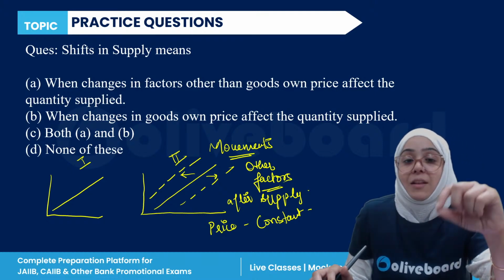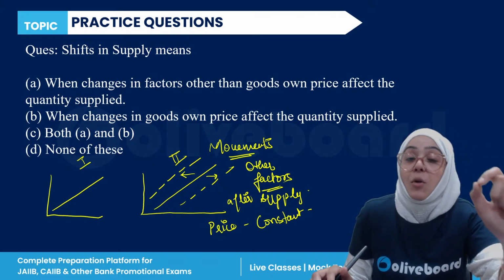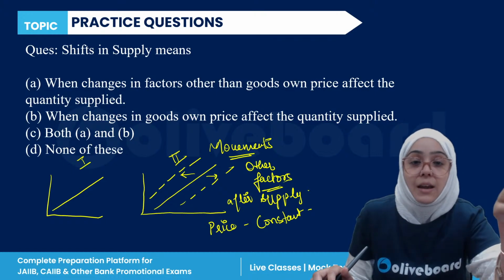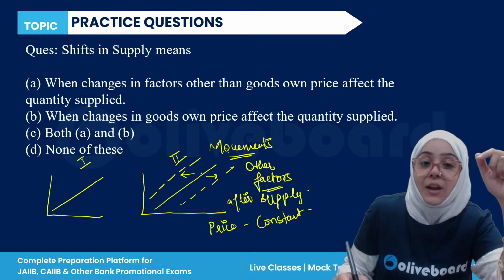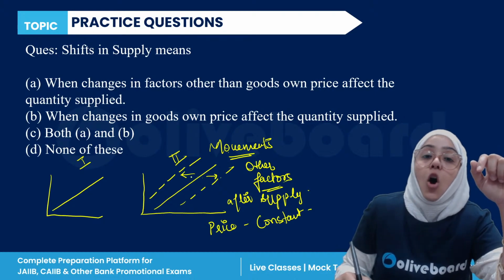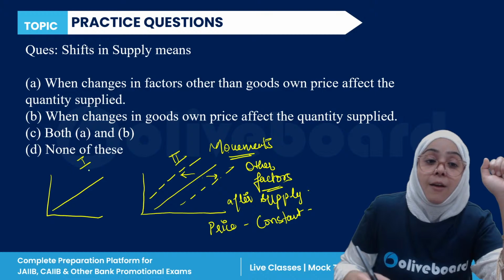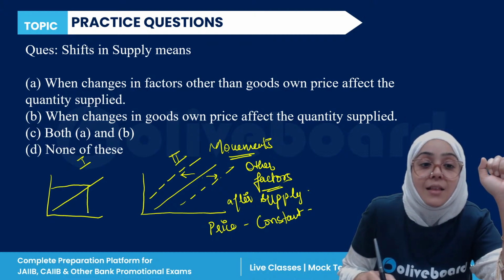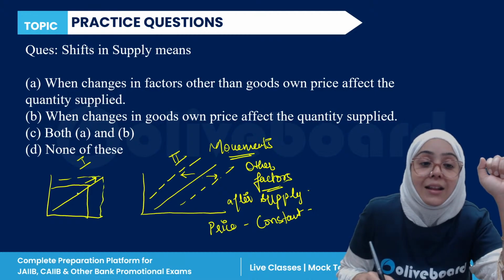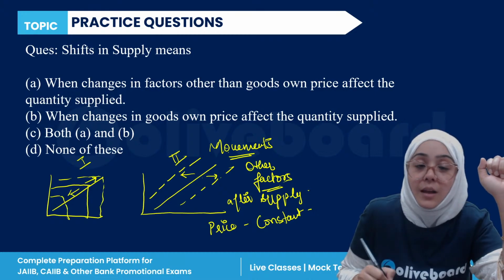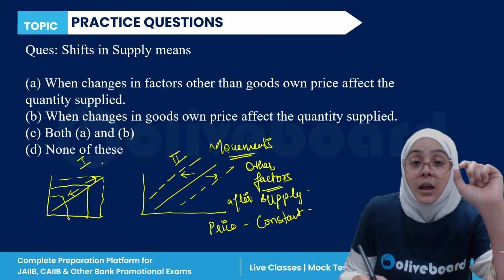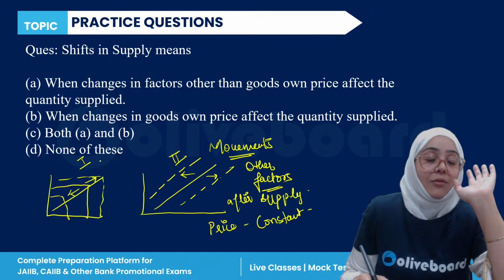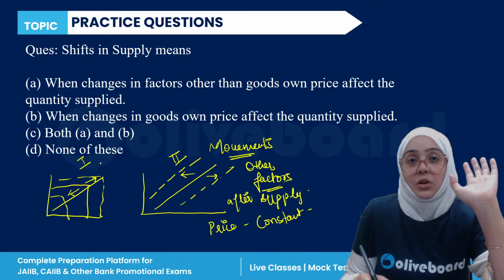Due to other factors, when the supply changes and the price remains constant, price is not moving either up or down, then there is a shifting, either rightward shifting or leftward shifting, right? But when there is a movement in the demand curve, the demand curve either shifts upwards or shifts downwards. Always remember, when there is shifting, the words extension and contraction are used.